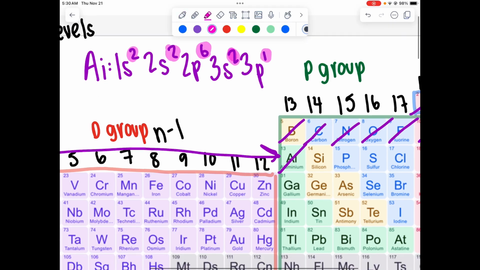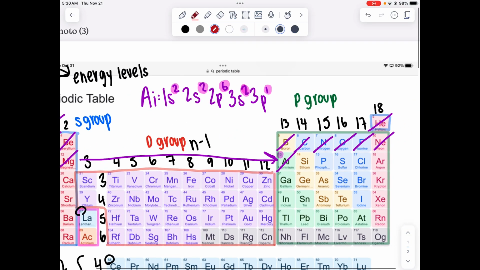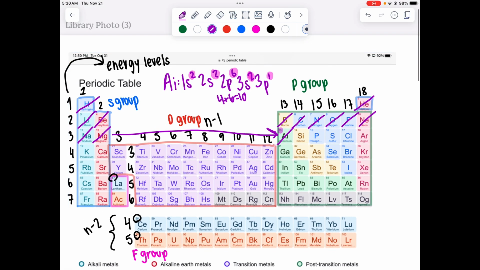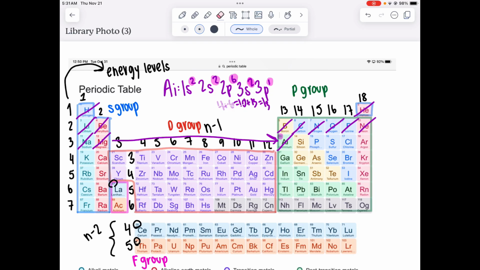This should equal 13. Let's count it. So 2 plus 2, 4, plus 6, 10, and 2 plus 1 is 3. What does that give you? 13. So this is how you find your electron configuration using the periodic table.